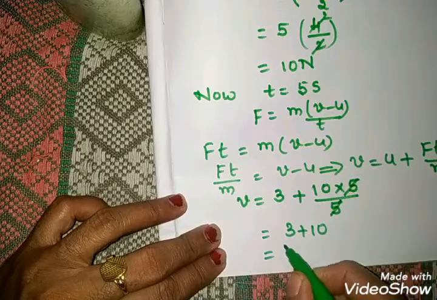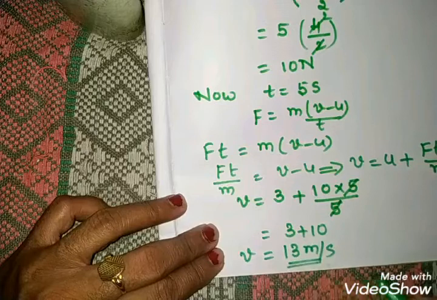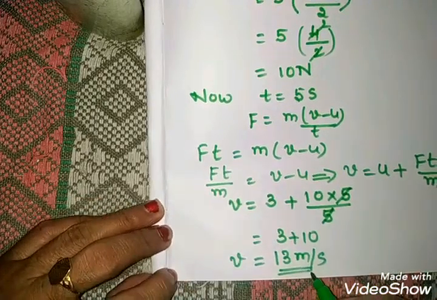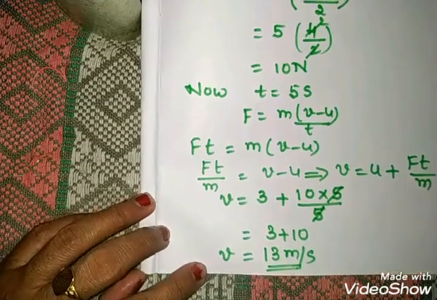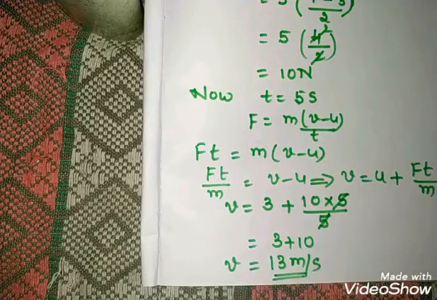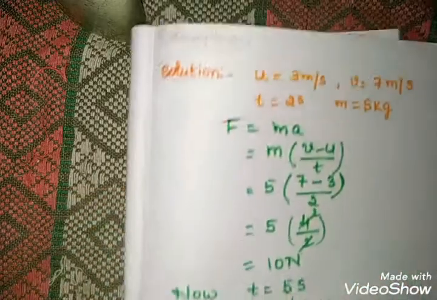So it is 13 meter per second, because it is the final velocity of the object when the force is applied for 5 seconds. I hope you understood this sum.